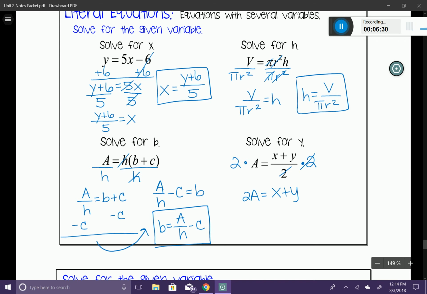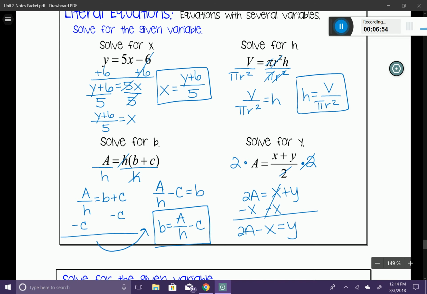And I think we did that back in the section in Unit 1. Okay, now let's solve for y. One more step. Let's subtract x from both sides. That's going to leave me with 2a minus x. Since I'm working with variables, I can start working horizontally versus vertically. That's going to equal y.